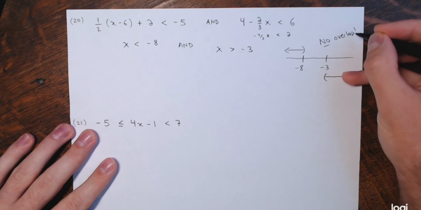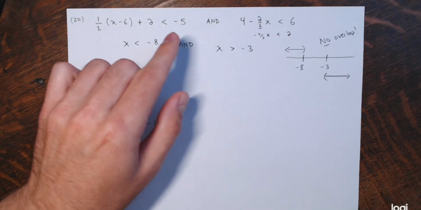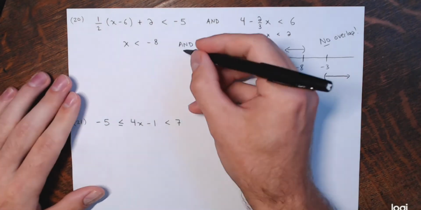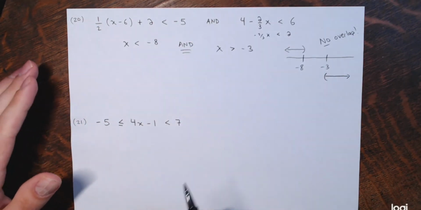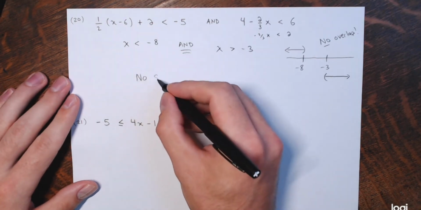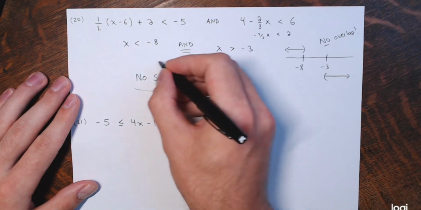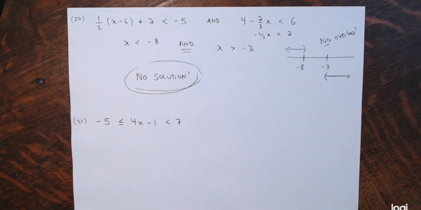Right, there's no intersection. There are no numbers that satisfy both of these inequalities at the same time, which needs to happen when you have the AND connector. So just as in the previous several examples, this compound inequality again has no solution, or the solution is the empty set.